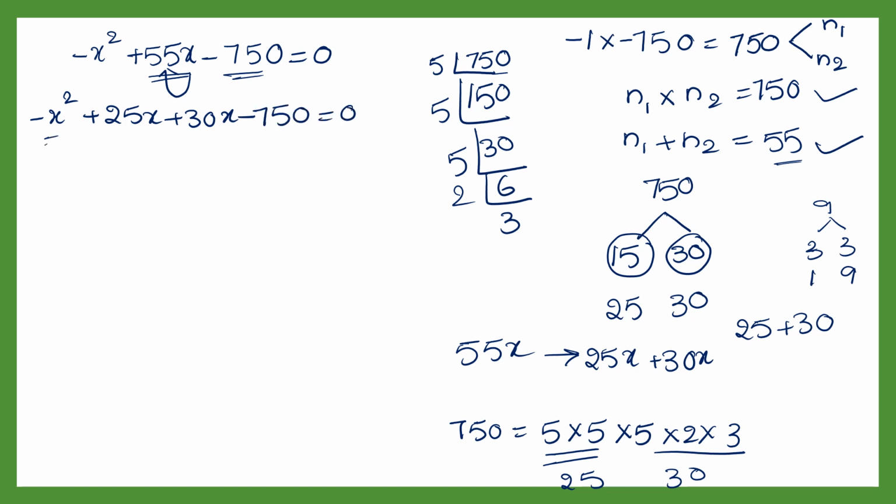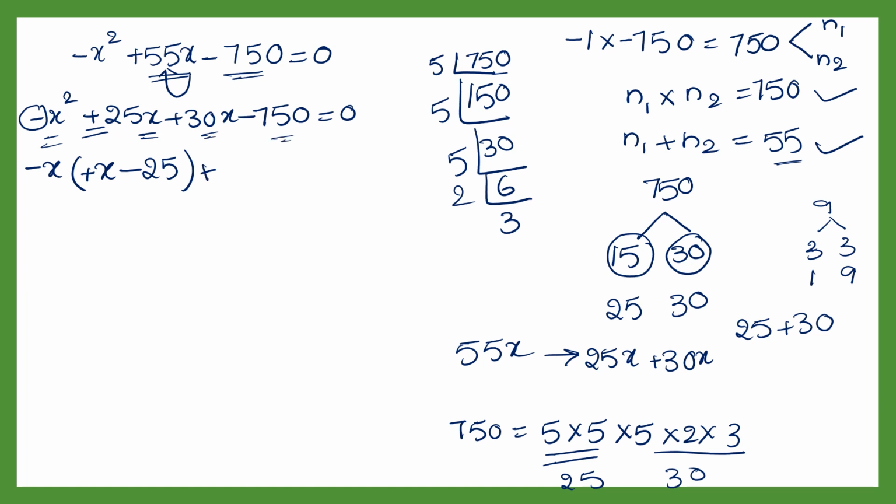X square means x into x. In the second term also you have x, so you can take x common. Let us take minus also common. Minus came outside. Minus into plus is minus. Here it is minus. Minus into plus is minus. X into x is x square. Here you should get plus, so minus into minus is plus. X already came outside, so you should get 25 inside. Then 30 and 25, how do you get?